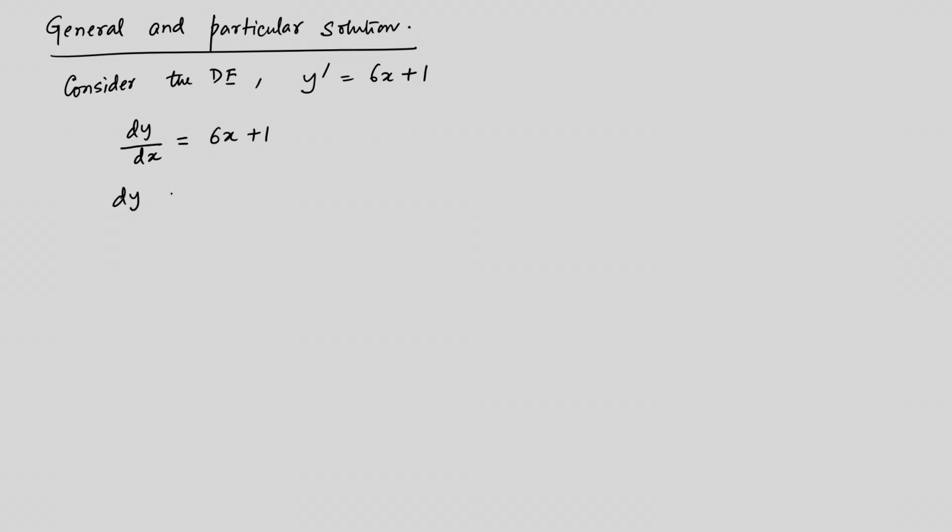So, dy would be 6 x plus 1 into dx, and if we integrate, y equal to, so 6 x dx is nothing but 3 x square, because 6 x square by 2, and 1 dx will simply be equal to x. But then since we are doing an indefinite integral, we will have to add a constant of integration.